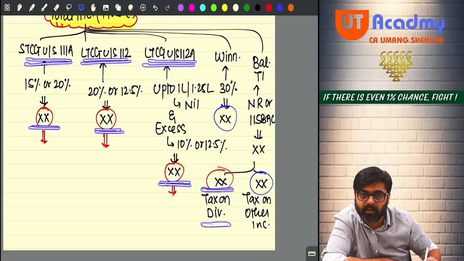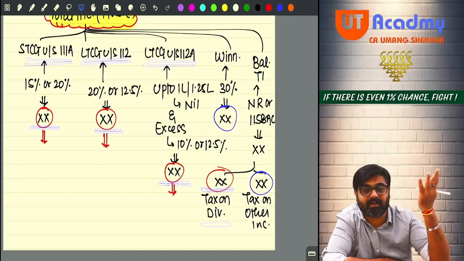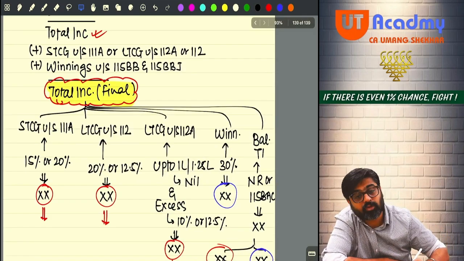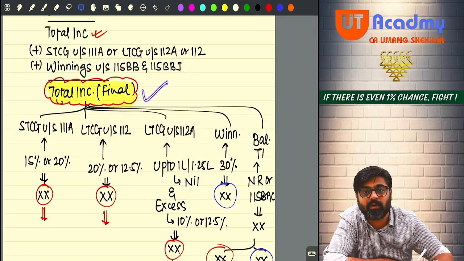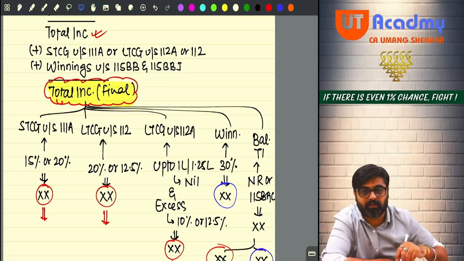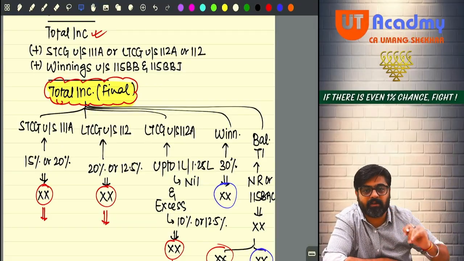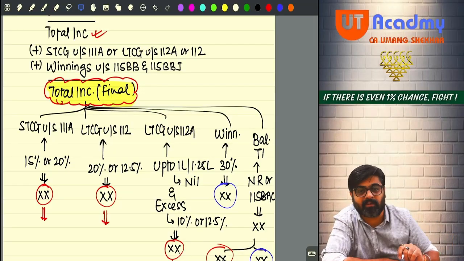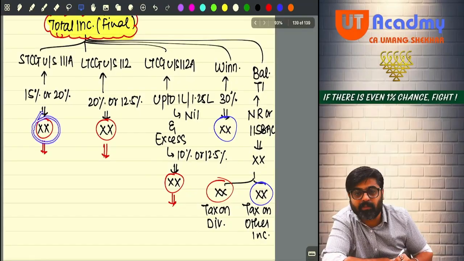Whenever you apply the surcharge, your total income should be more than 50 lakhs. If your total income is more than 50 lakhs, apply 10% surcharge. Surcharge is to be calculated on the amount of tax. So on each of these taxes, apply 10%.